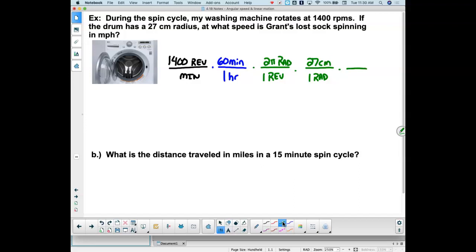Right? 1 inch is 2.54 centimeters. 1 foot is 12 inches.